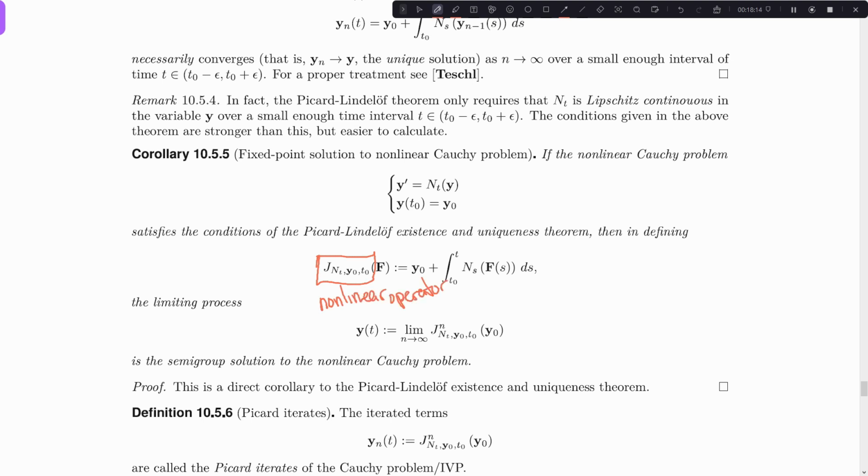I just defined that operator on the space of functions, however you want to think about it. It maps a function to another function.